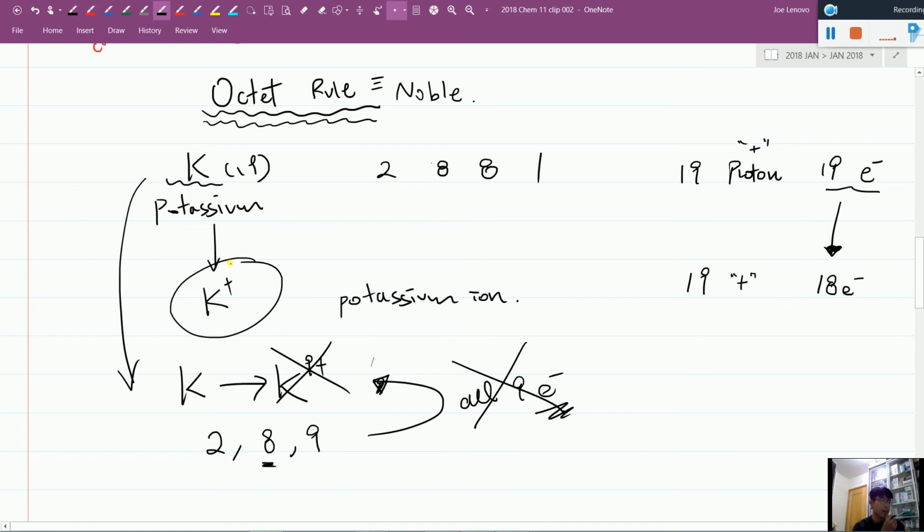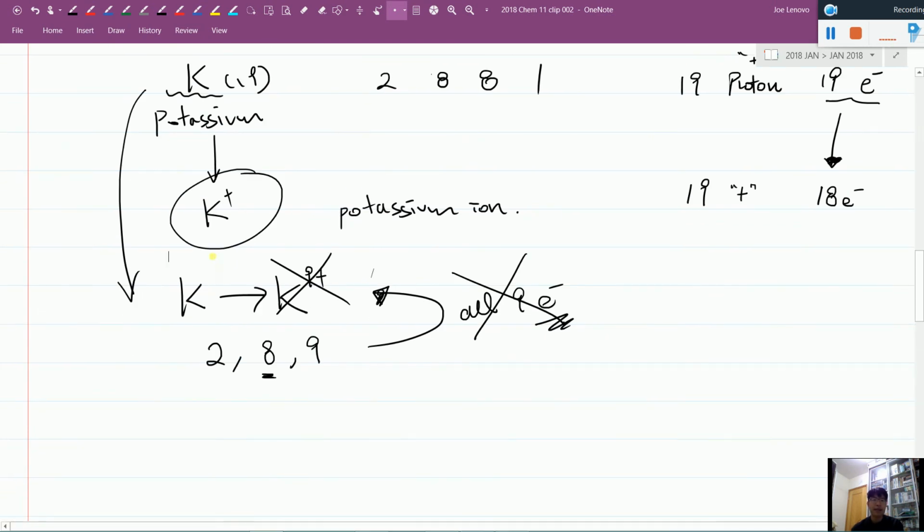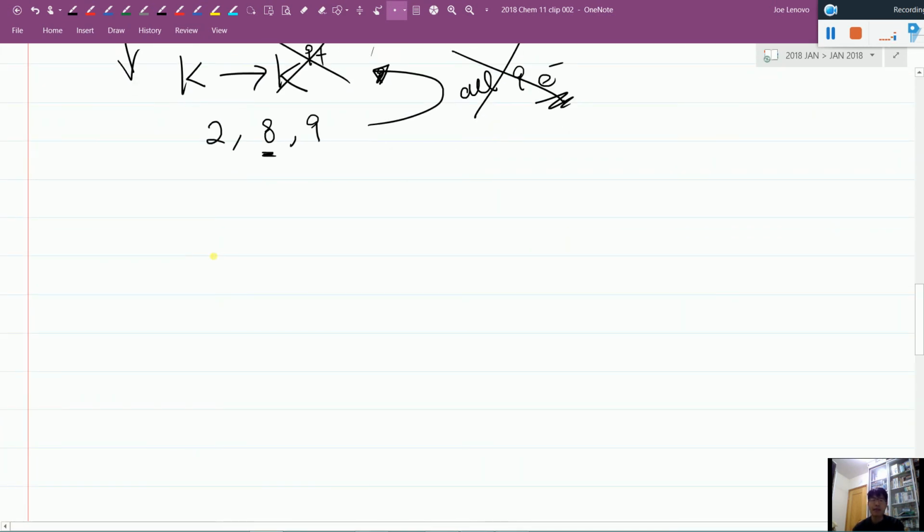So now let's look a bit further. What happens when you have 21? Up to 20 is 2, 8, 8, and 2. Then what happens when you have 21? And we find something interesting happening again. 21 is Sc, scandium, and we find the electron configuration would be 2, 8, 9, and 2.